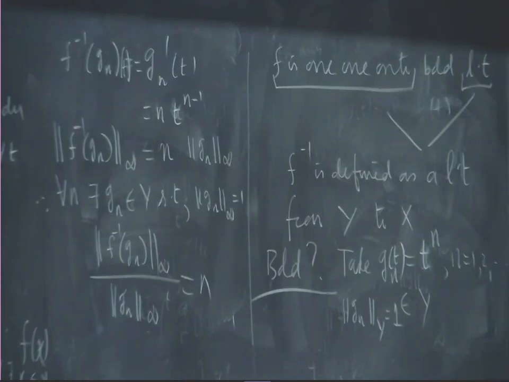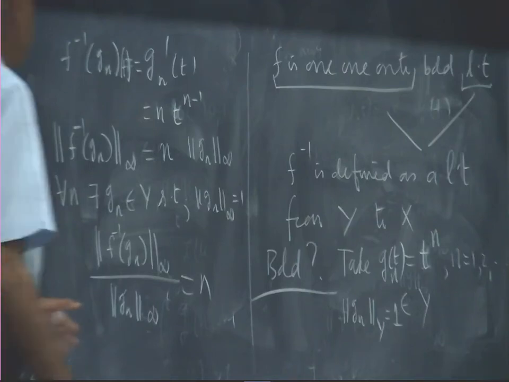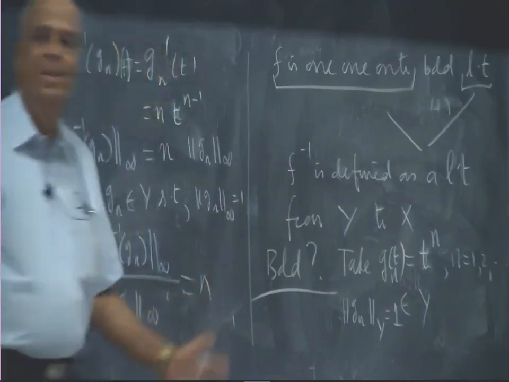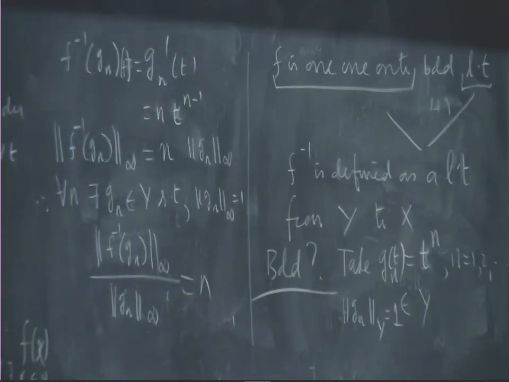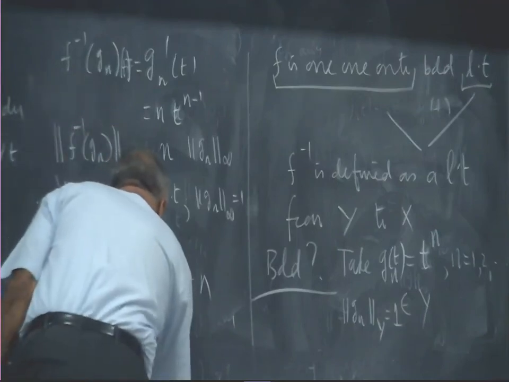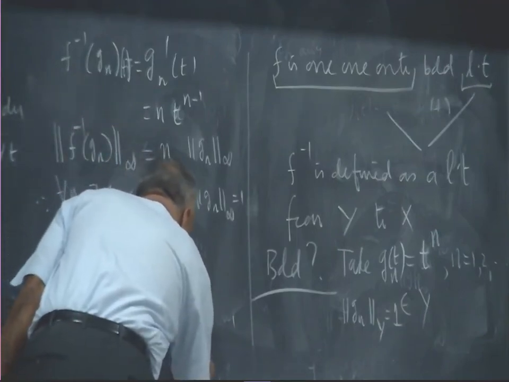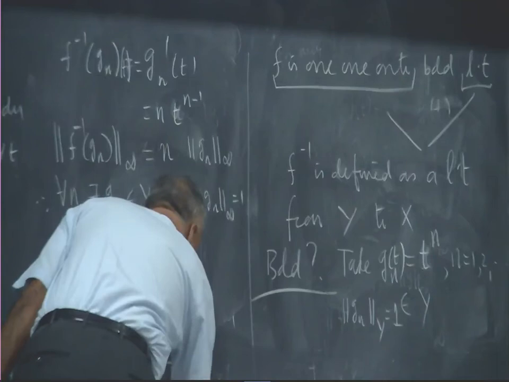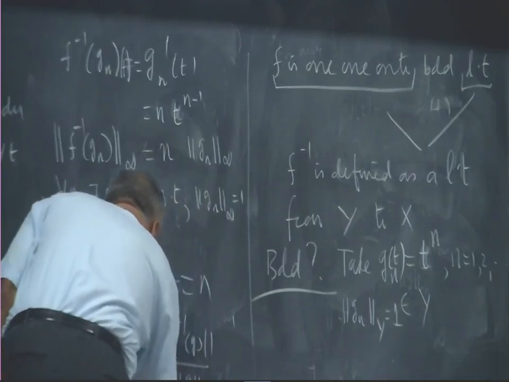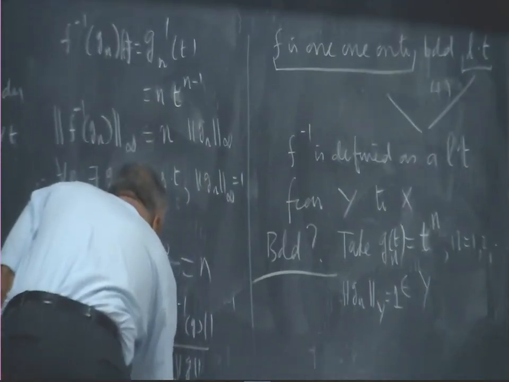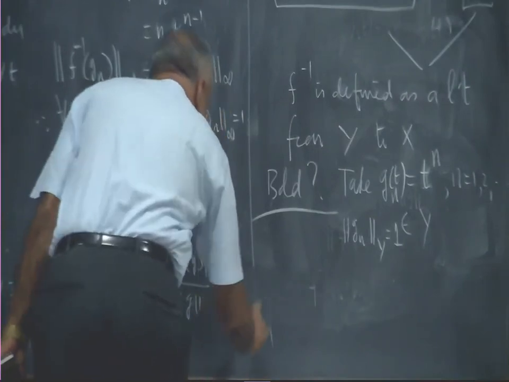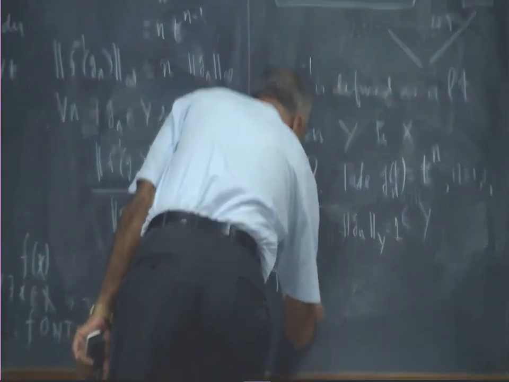If you want to put n plus 1, there is a fellow who reaches that also. So what will be the supremum of all these fellows? It will be more than all the n's, and therefore it will be infinity. Therefore, the sup of norm F inverse g divided by norm g, where g belongs to Y, g not equal to 0, is infinity. Therefore, F inverse is not bounded.